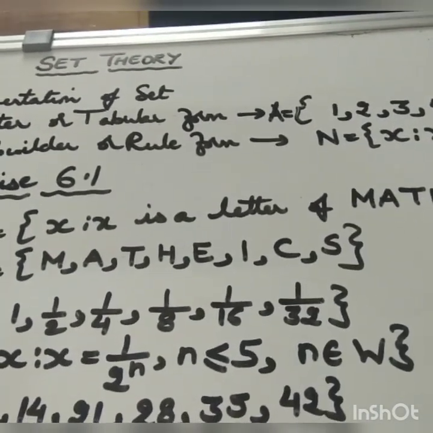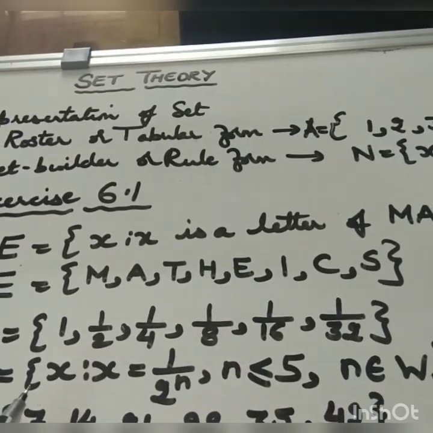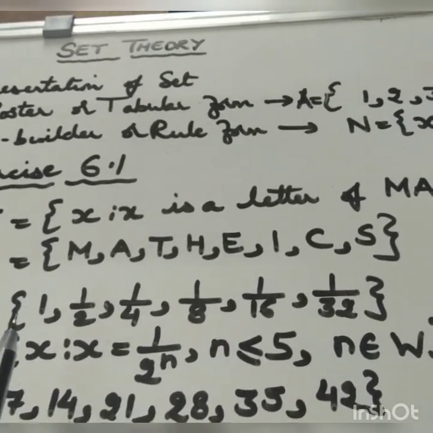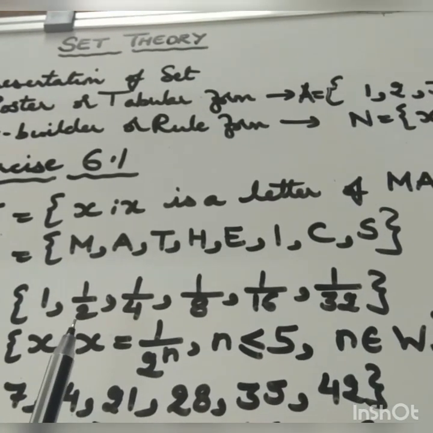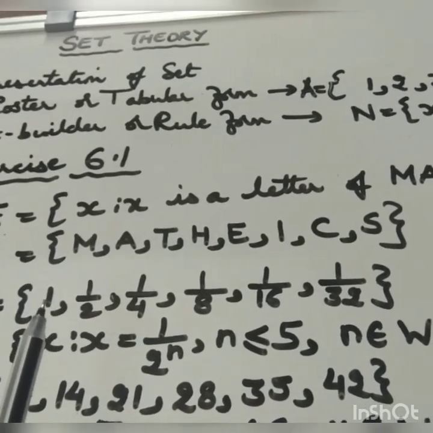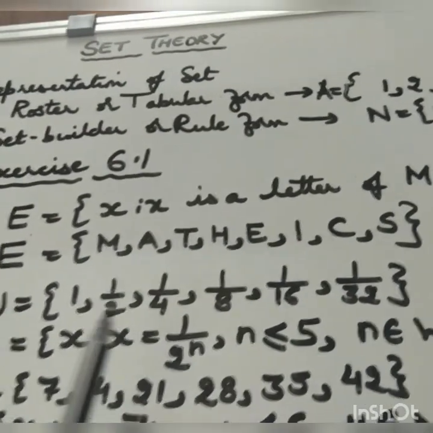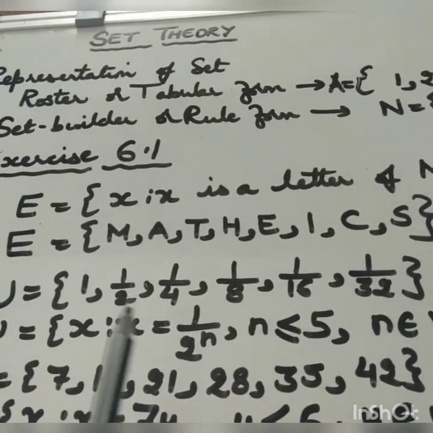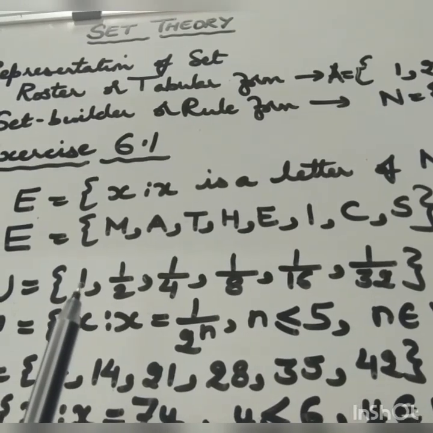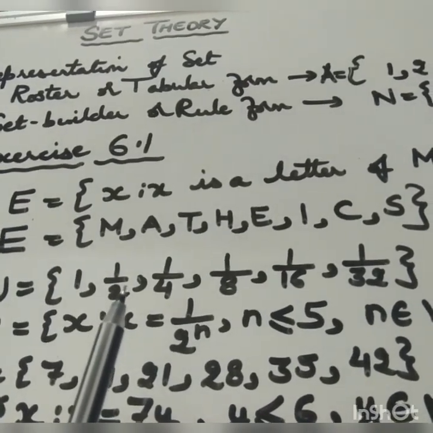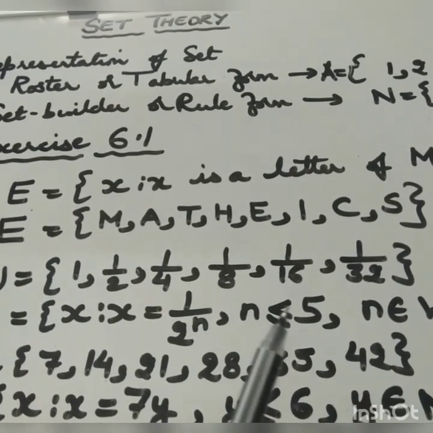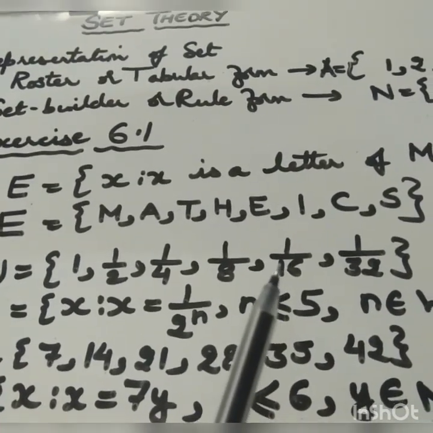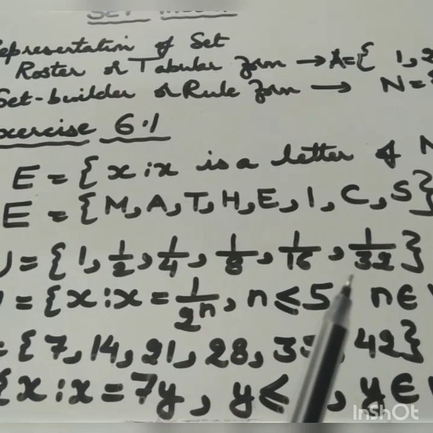Now the next question, that is fourth D part. In fourth D, you can see the elements of the set are given in fraction form. Now first number is 1, but if you think like every element, then it is 2 to the power 0. Second number 2 to the power 1. Next number 2 to the power 2. 2 cube, 2 to the power 4, 2 to the power 5.